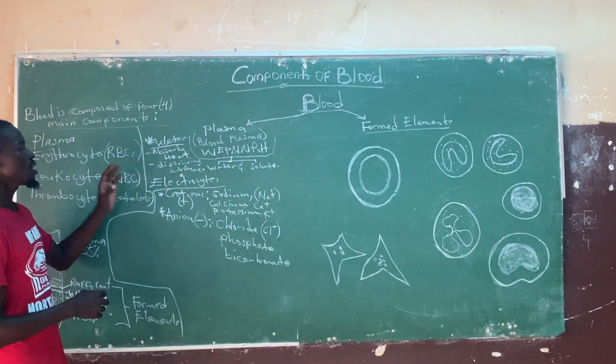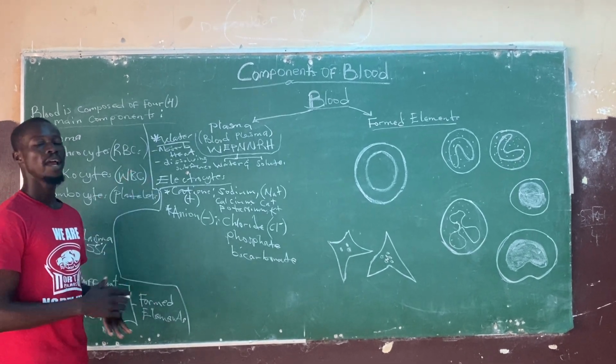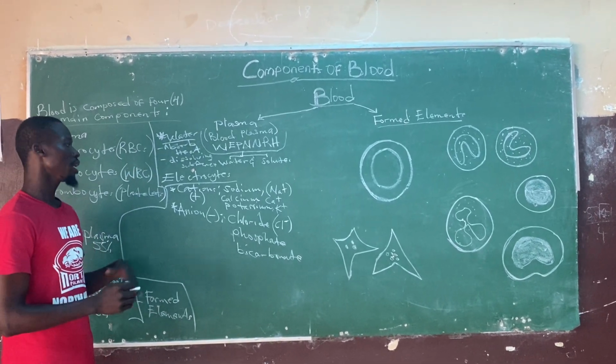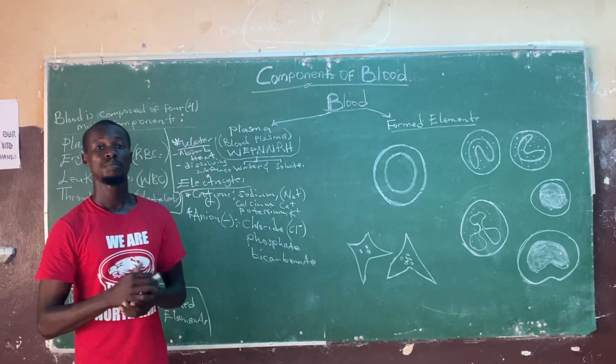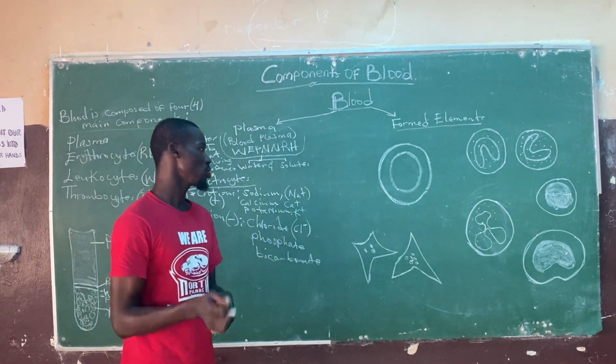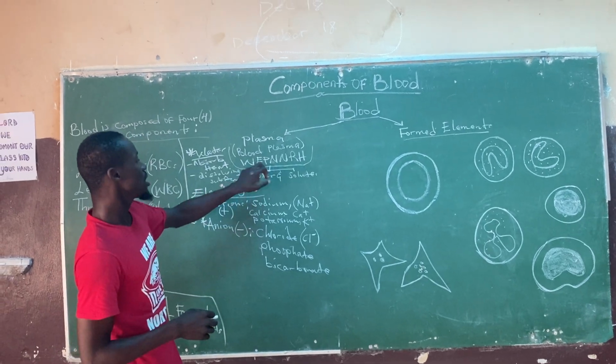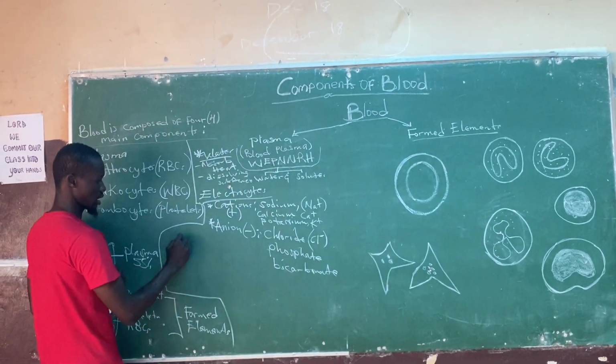Good. So these electrolytes are minerals that are formed within the plasma that help the body to regulate fluid balance and so on. So next is the plasma protein.